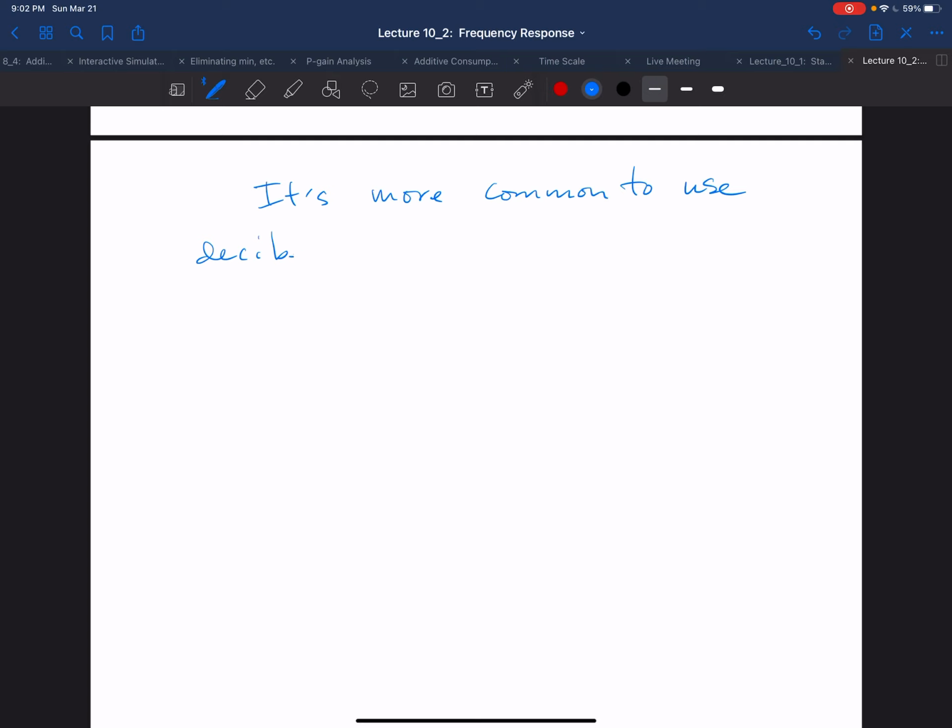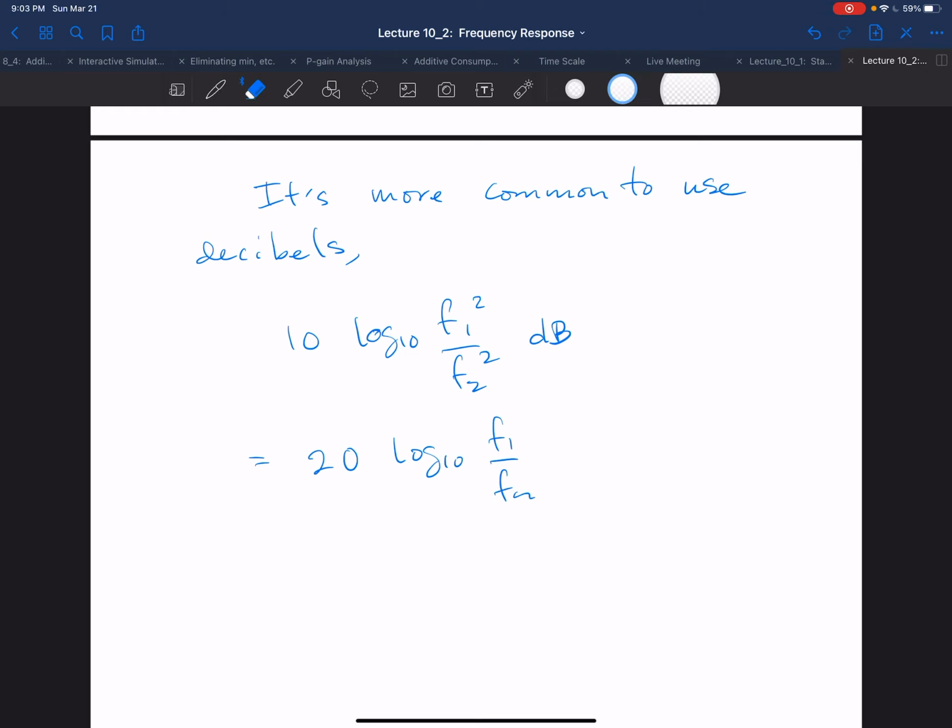And if you're using decibels, decibels being only tenths of bels, what you get instead is 10 log 10 of F1 squared over F2 squared, dB for decibels, or 20 log to the base 10 of F1 over F2. And again, that's decibels.